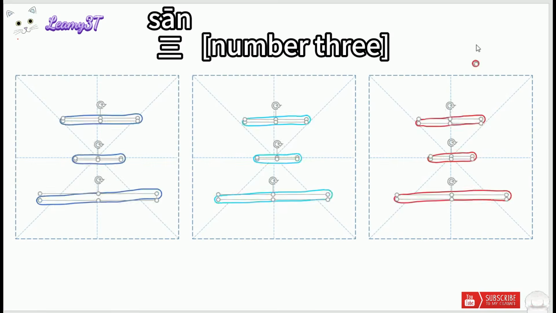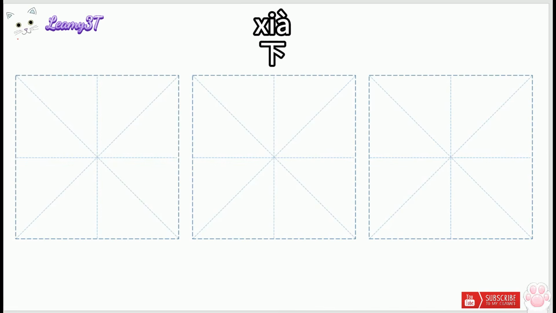Now, let's write xià, today's last Chinese character. This character has 3 strokes. The first, héng, is written straight from the left to the right. The second is shù, written from the top to the bottom. Connect them together.